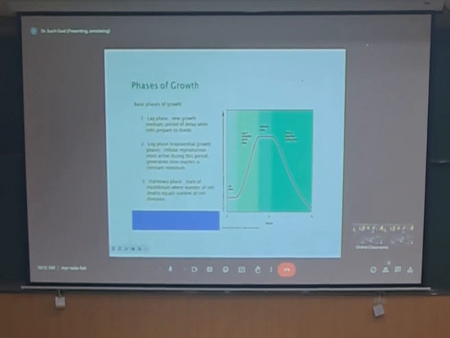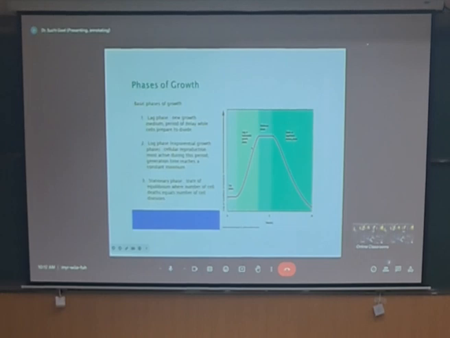Now in the stationary phase, there are a lot of bacteria and my nutrient conditions have started depleting. Even though my bacteria are multiplying from 1 to 2, because my nutrients have become very low, because of the starvation conditions, I am also seeing the death of bacteria. So my numbers are almost equal.